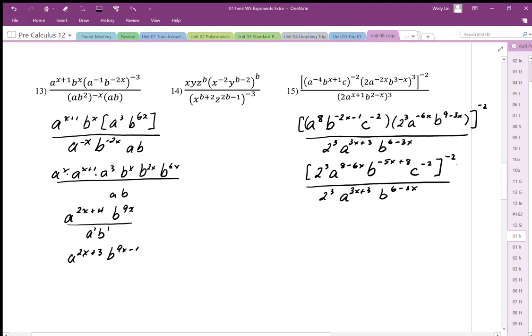So I'm going to then apply that negative power on the outside, so this becomes 2 to the power negative 6, a to the power negative 16 plus 12x. Okay, so that power 8 or times and divide become a divide.